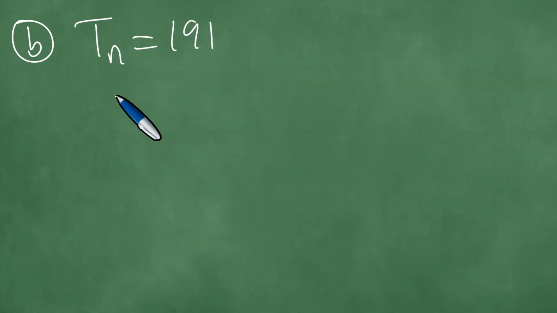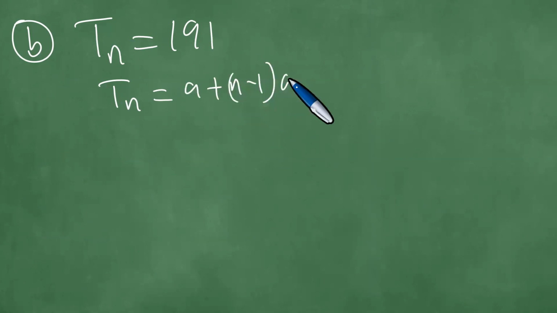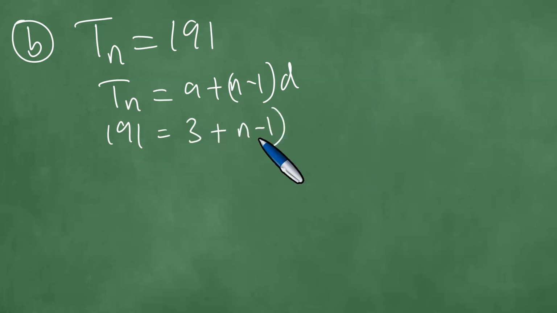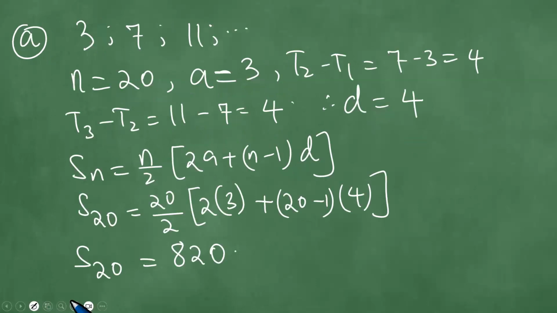We know the formula for Tn. What is the first term? 3. The common difference is what? 4.